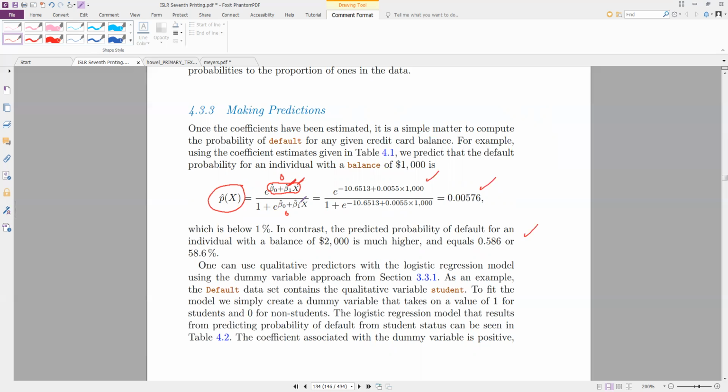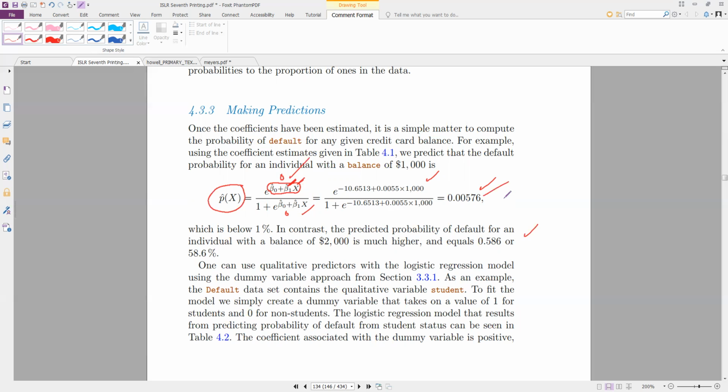This is for one category, and this is for another category up here. So what you're doing is getting the probability of the value you're modeling. Since we're modeling default here, this is equal to the probability of default.